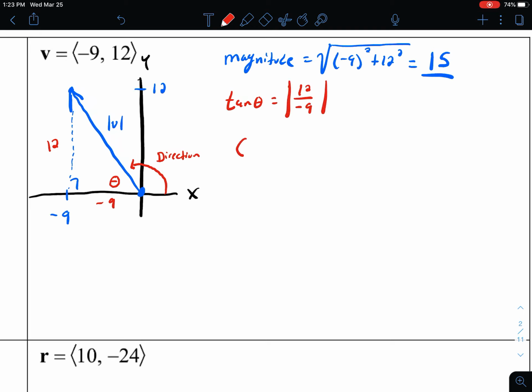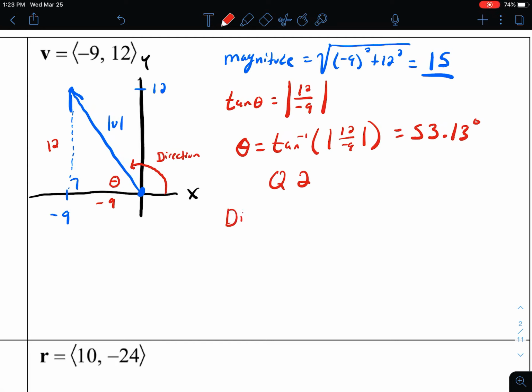Now, I'm going to take the absolute value of that to ignore the sign. So theta is going to equal the inverse tangent of the absolute value of 12 over -9. And that's going to give me this reference angle, which is 53.13 degrees.